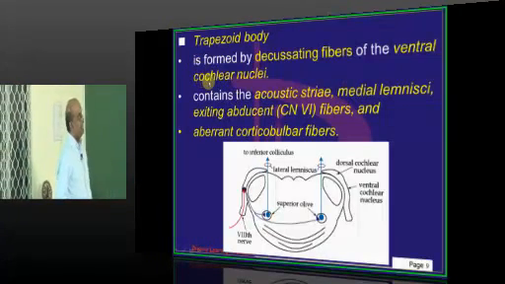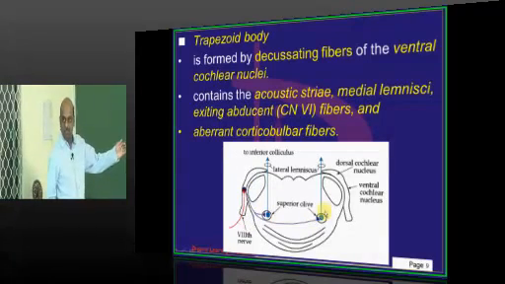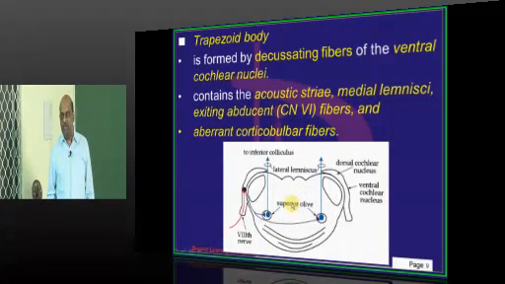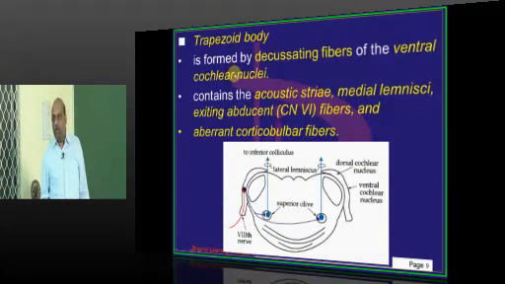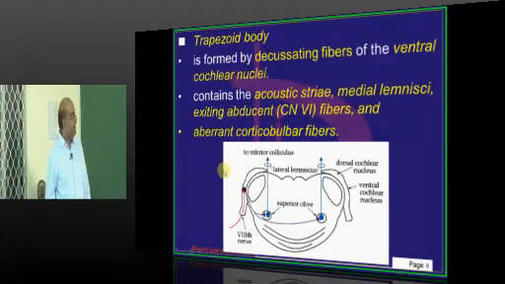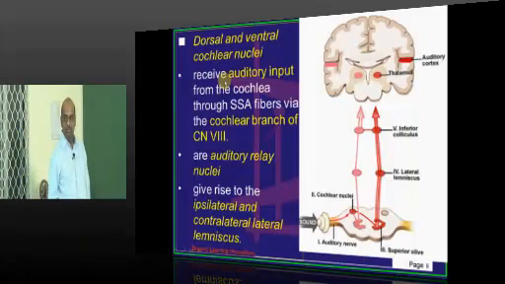Then these fibers are decussating from one side to the other side of the pons. Obviously, while they are decussating, they form what is called as trapezoid body, right? So we have dorsal and ventral cochlear nuclei, no?